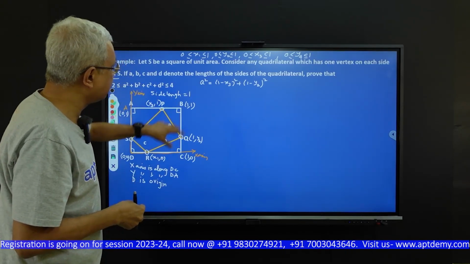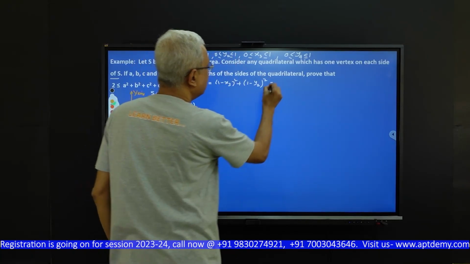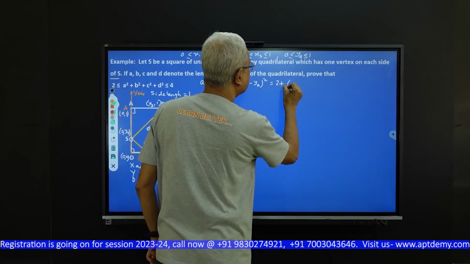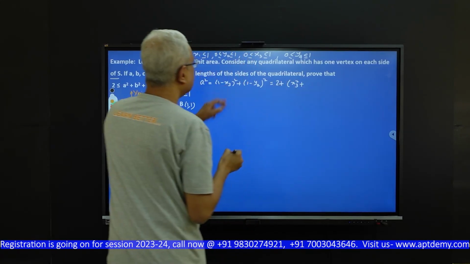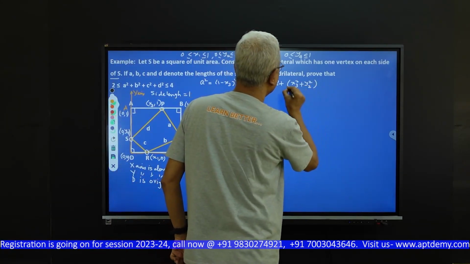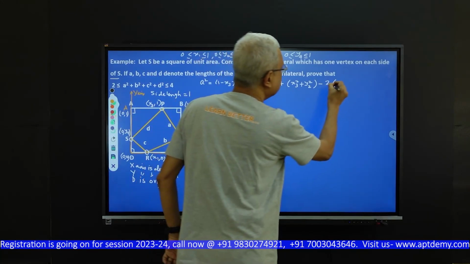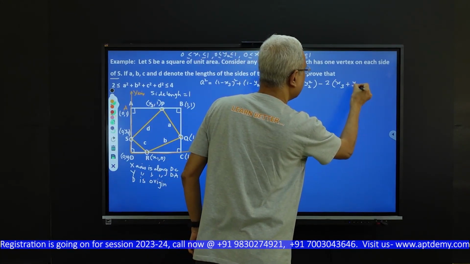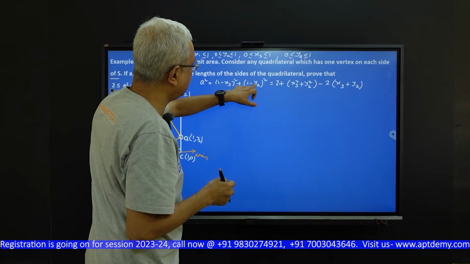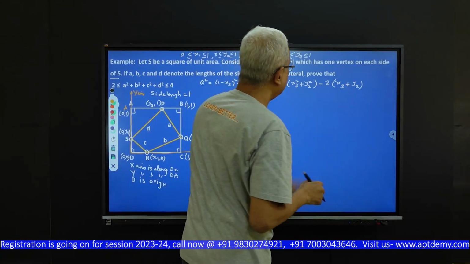So PQ is a, and a square is (1 minus x3) whole square plus (1 minus y2) whole square, and if I expand it, it becomes 2 plus x3 square plus y2 square minus 2x3 minus 2y2. I have written it like this.